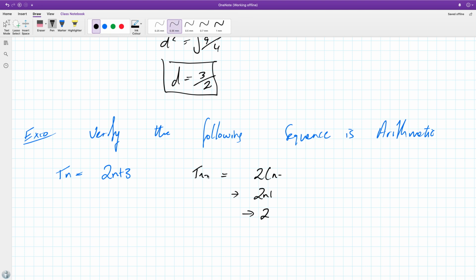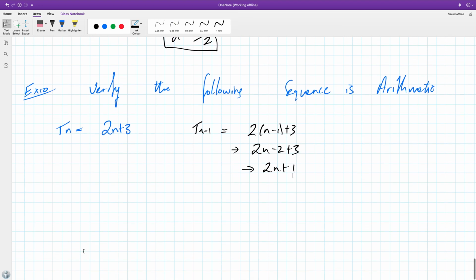Apologies. Which is 2 bracket n minus 1 plus 3, which is 2n minus 2 plus 3, which is 2n plus 1. So then, Tn minus Tn minus 1 is equal to 2n plus 3 minus 2n plus 1. They cancel. 3 minus 1 is 2. It is a constant.